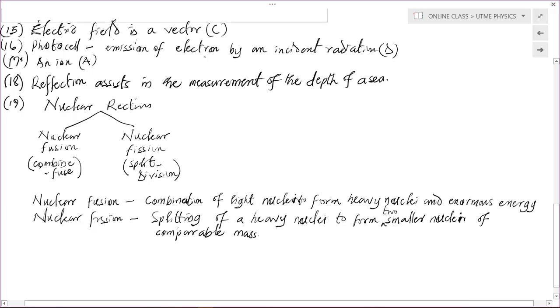Even though energy is given, but not as enormous as that of the nuclear fusion.